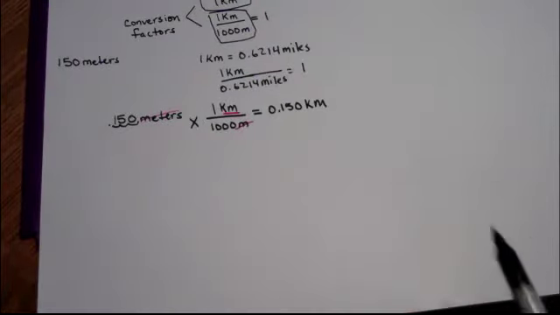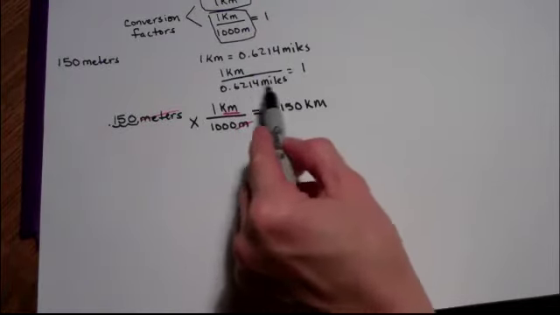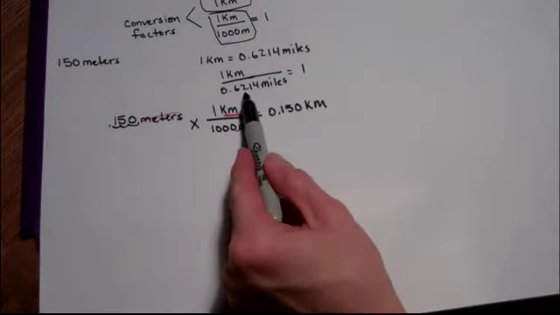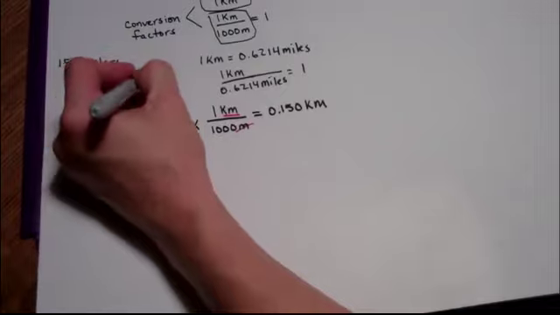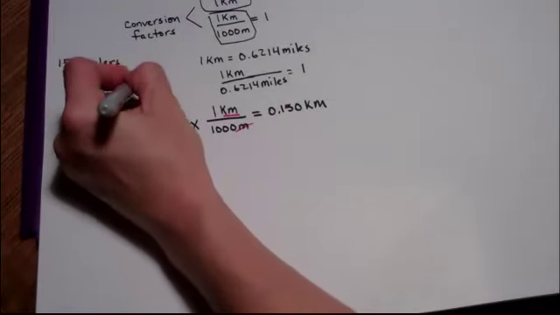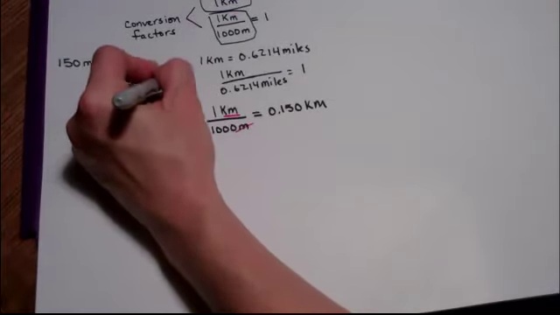We can also convert this into miles, because we can write this conversion factor as 1 kilometer over 0.6214 miles, or we can write it with the miles on top, 0.6214 miles over 1 kilometer.